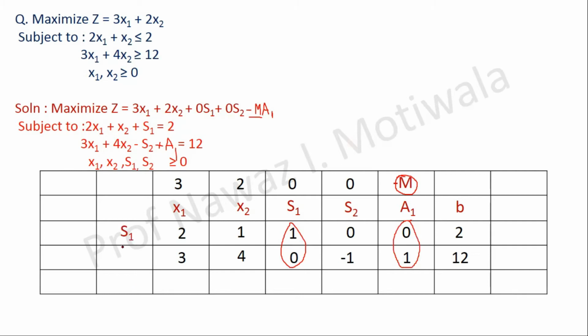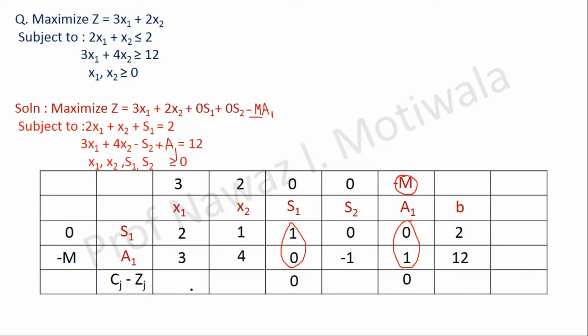So it will be S1 and a1 here, with coefficients in the objective function as 0 and minus M. Next step is to find the values of Cj minus Zj. So I will write Cj minus Zj. Also we know that the basic variables have a Cj minus Zj value of 0, so I will write directly for S1 and a1 as 0.